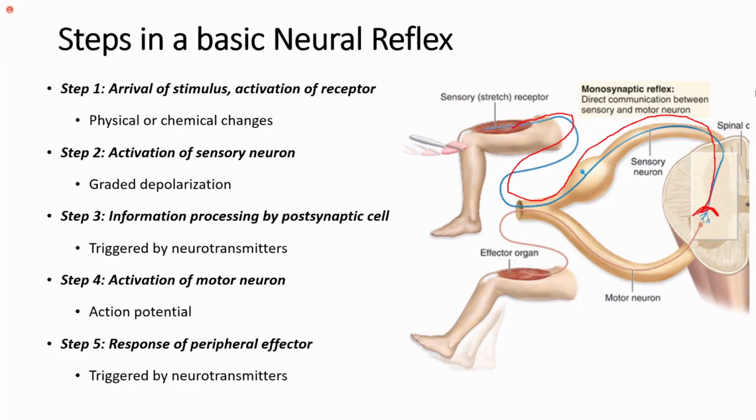Then it will synapse with a motor neuron, an efferent neuron. Depolarizing the motor neuron would bring an action to the muscle cell to contract. So these are the basic steps for any neural reflex.